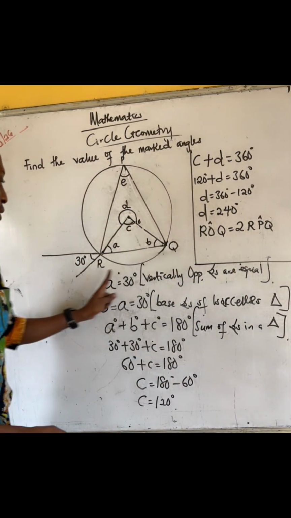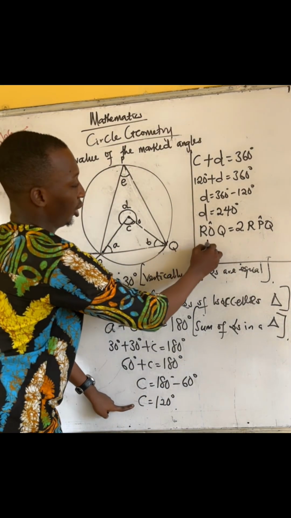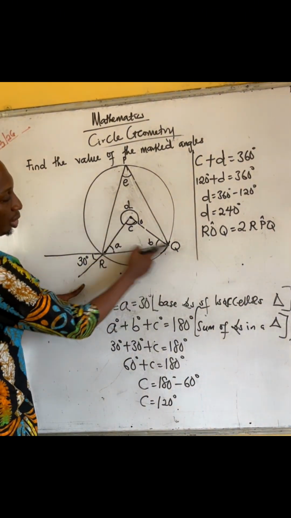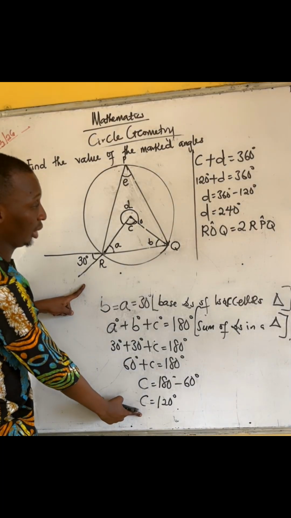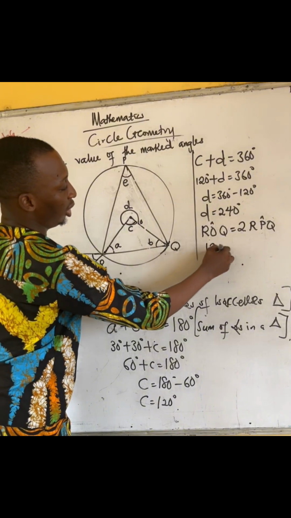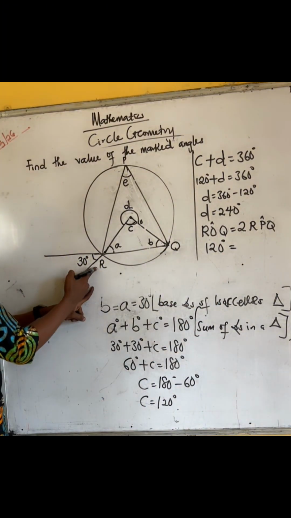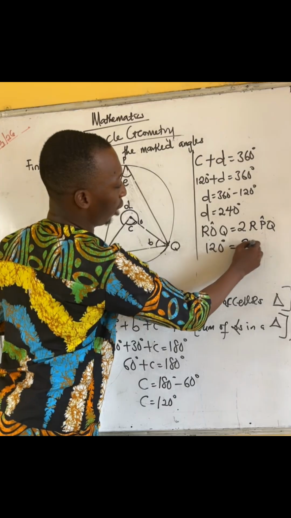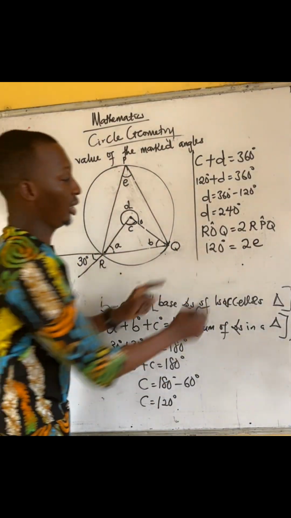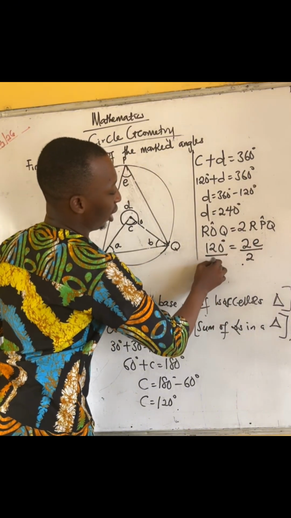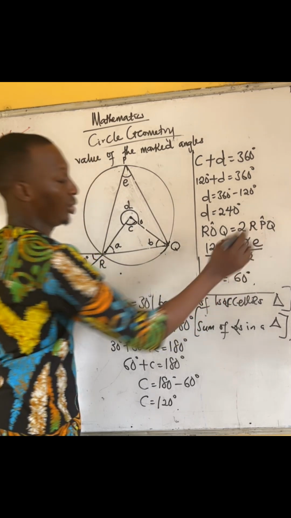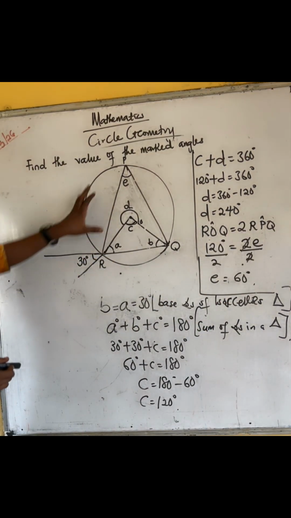Your ROQ was 120, and your angle RPQ is your E. So I have 120 degrees equal to 2 times E. To get E, divide both sides by 2, after which your angle E will be 60 degrees. And that brings us to the end of this particular question.